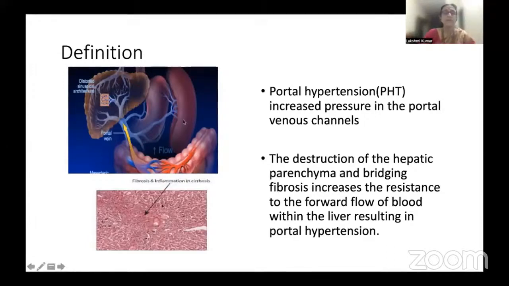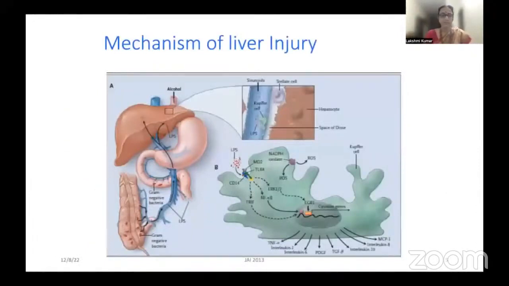As you all can see in this figure, the portal vein is formed by the union of the splenic and the superior mesenteric vein as it enters into the hilum with multiple branches, which will then go into each one of the hepatocytes where it forms an integral component of the acinus. So, the destruction of the normal hepatic parenchyma causes resistance to the forward flow of blood, resulting in an increase in pressure in the portal system, which is called portal hypertension.